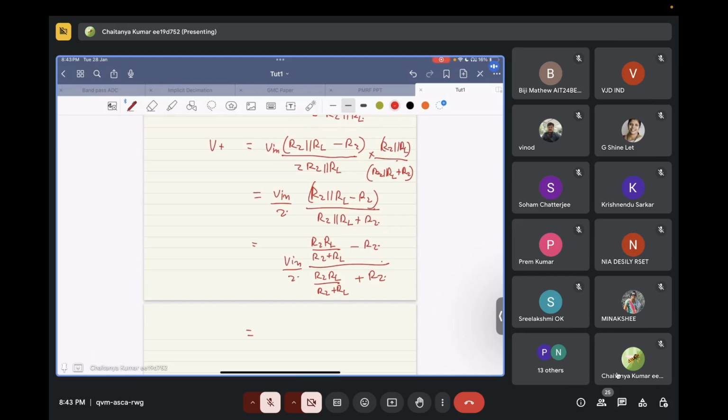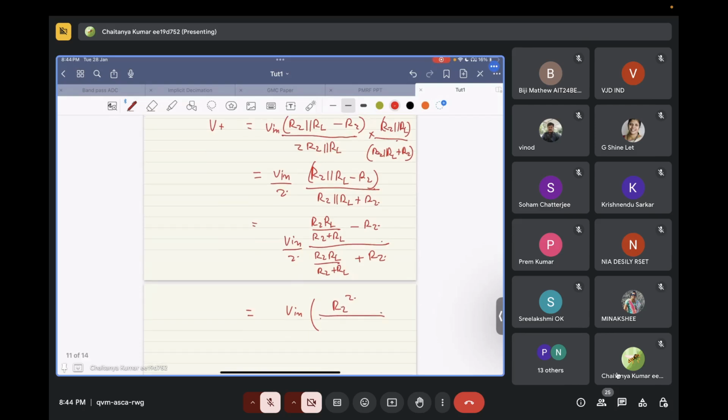This is equal to V in times R2 square divided by R2 RL plus 2 R2 RL plus R2 square.